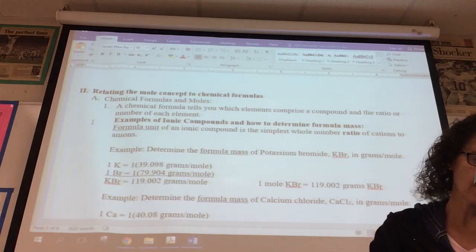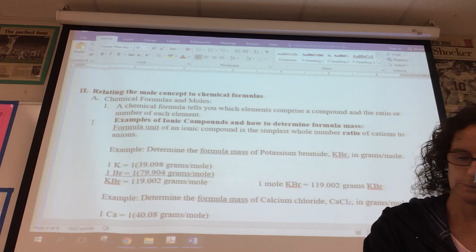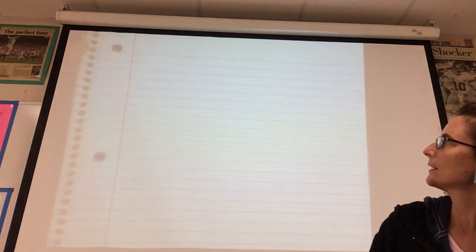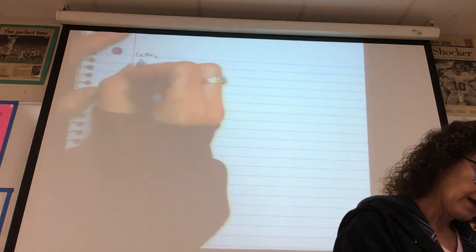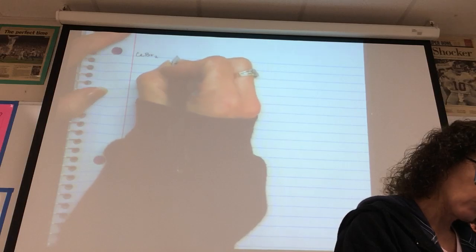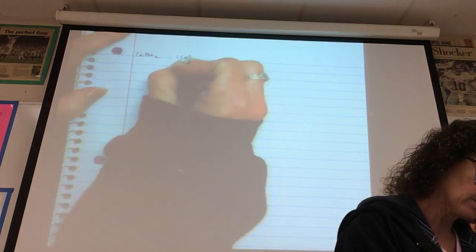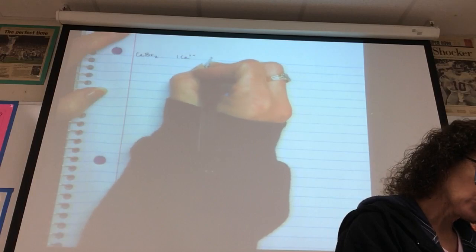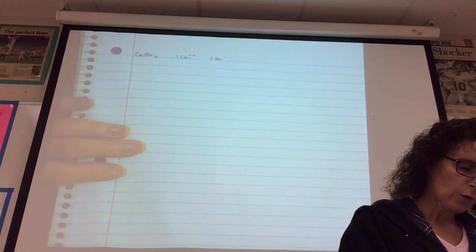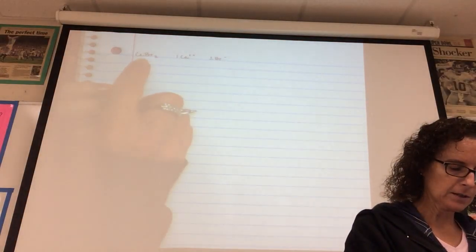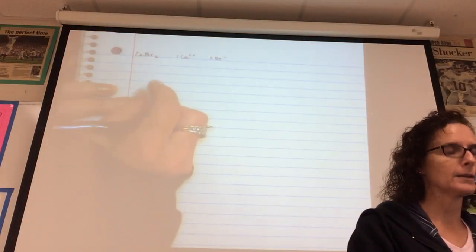So for example, we know for ionic compounds such as calcium bromide, again, metal, non-metal, in an ionic compound you'll have one calcium ion to 2 bromide ions. So for an ionic compound, you get the simplest whole number ratio of ions.